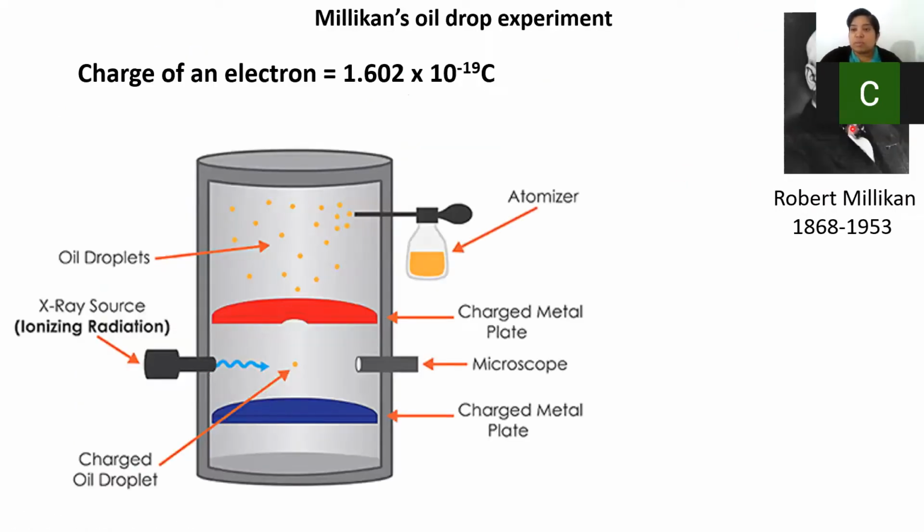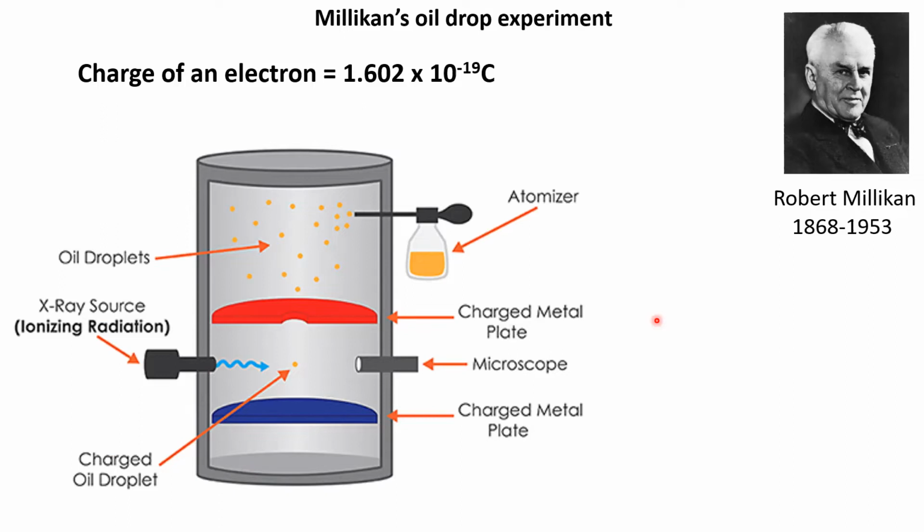The next important name that we come across is Robert Millikan. Now, this scientist did an experiment using an oil drop. This is a very interesting experiment, because just imagine finding the charge and the mass of an electron using an oil drop.